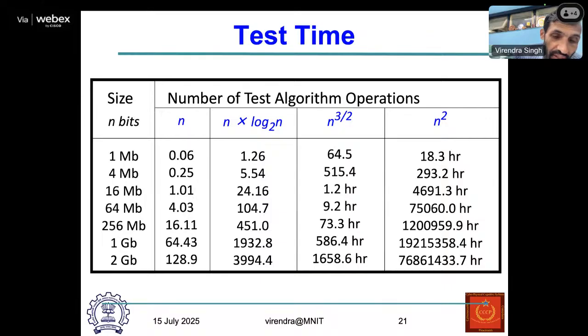It is about a minute. N log n is about 2000 seconds. If it is n raised to the power 3 by 2, this will be about 500 hours, several days. And if it is n square, this would be a few million hours. That's not doable, not practical.